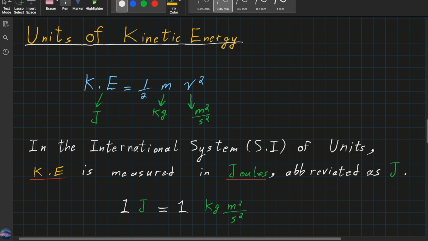Now, in the international system of units, the kinetic energy of a particle is measured in a unit called joules, which is abbreviated as capital J, where 1 joule is equal to 1 kilogram multiplied by meters squared divided by seconds squared.